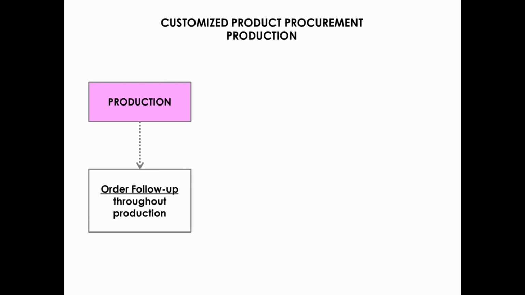Now, the production phase consists of the process of manufacturing your products, ensuring that the products are acceptable to be shipped, and then shipping those products to your final destination. It is paramount that you follow up with your supplier throughout the entire production process and obtain regular progress reports.